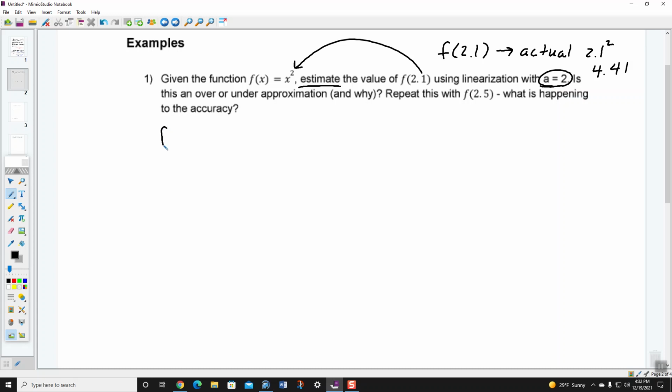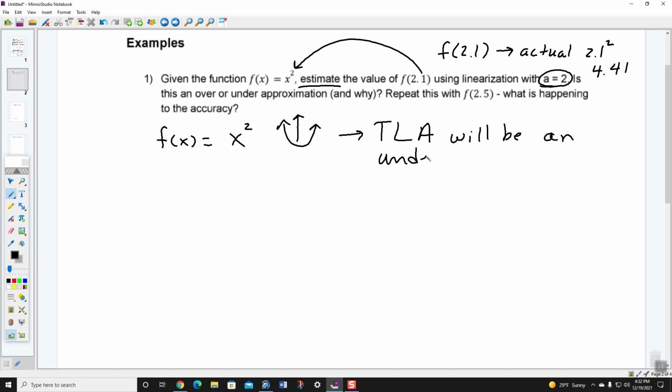You guys know the function f of x equals x squared is simply a parabola, a U-shape. That, my friends, is concave up. And on a previous page, we said anything that's concave up, our tangent line approximation will be an underestimate. Okay, it will be an underestimate.